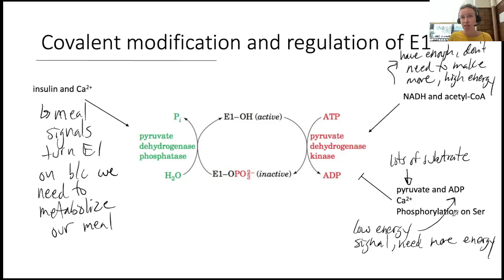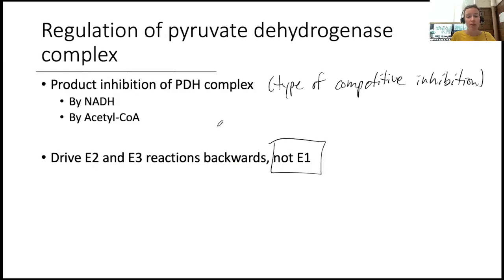And finally, just as a note, because I know I mentioned this in a previous video, kinases themselves can be regulated by phosphorylation, and that's true of this kinase. It's turned off when it is phosphorylated. So that is how E1 is regulated, folks. We learned that E1 is regulated by a variety of things, but also note that the PDH complex itself is inhibited through product inhibition of the enzyme E2 and E3.